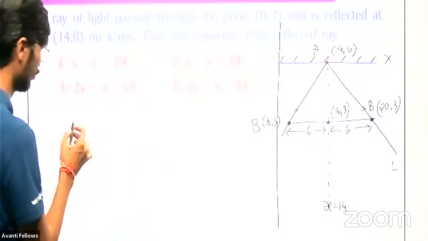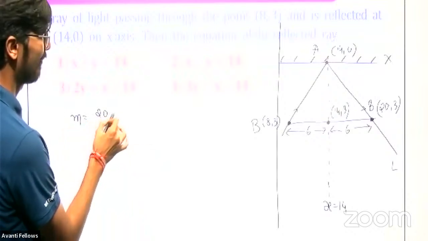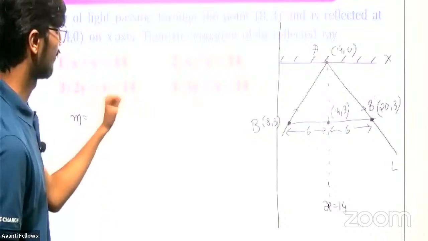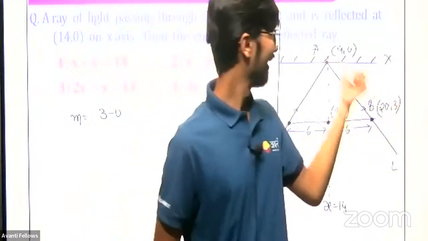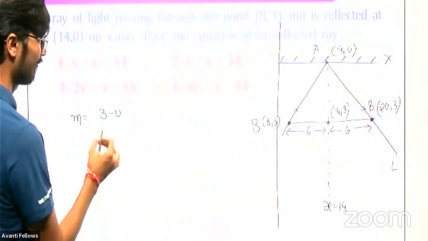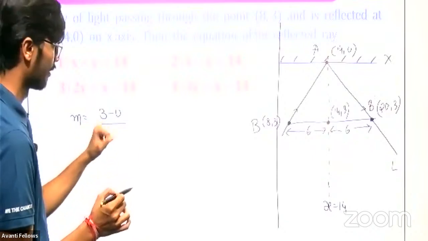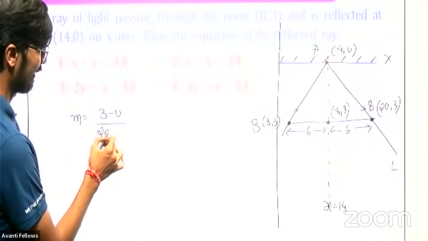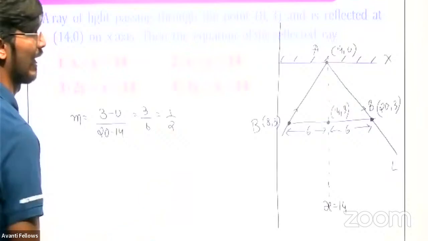What do we need now? Slope. Slope will be equal to (y2 minus y1) upon (x2 minus x1). This is (x1, y1) and this is (x2, y2). So it is (3 minus 0) upon (20 minus 14), which is 3 by 6, which equals half.